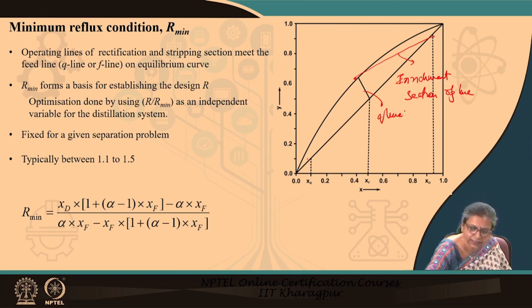And quite naturally under this condition, if I draw the stripping section operating line, all of them intersect at the equilibrium curve.